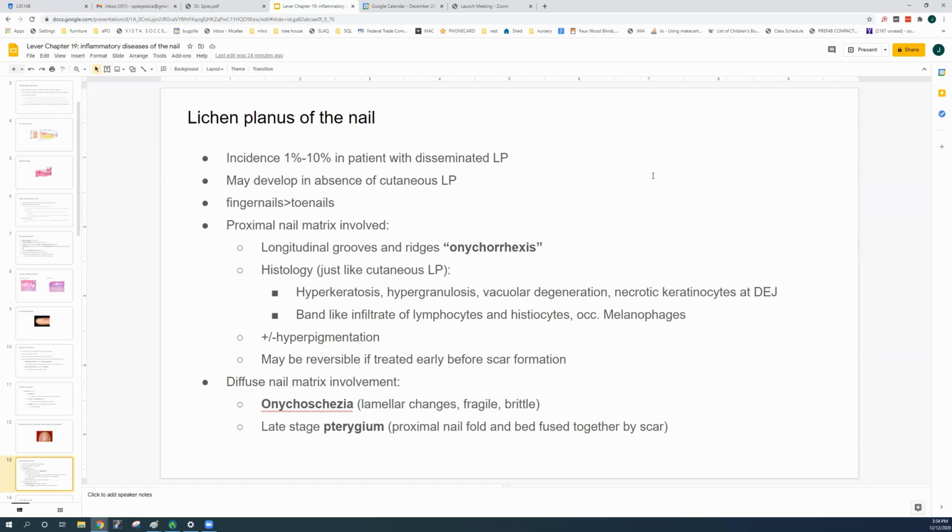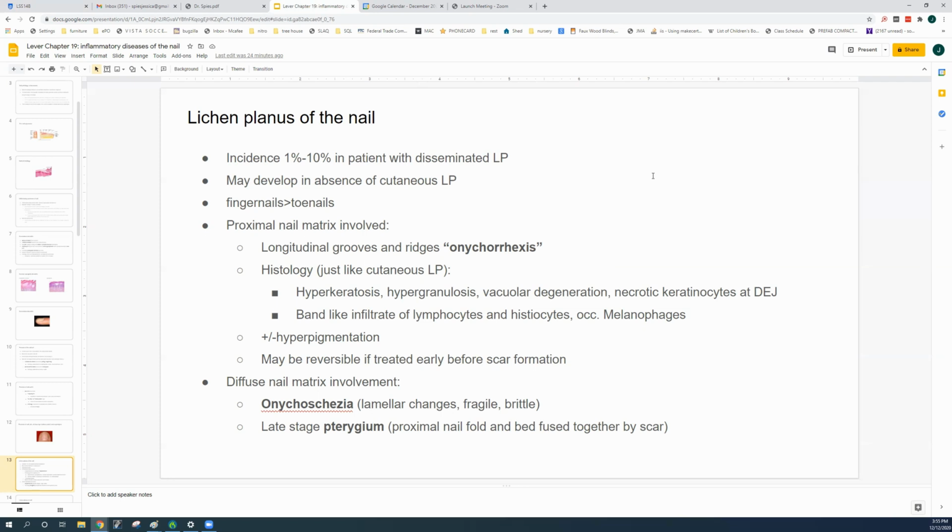It may develop in the absence of cutaneous LP, and that's when it's going to be important to biopsy the nail. Fingernails are more often involved than toenails. When the proximal matrix is involved, you get longitudinal grooves and ridges, called onychorrhexis.